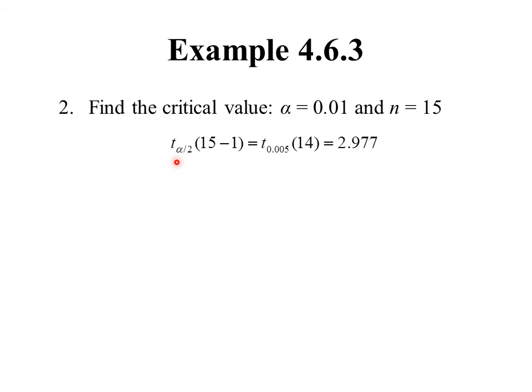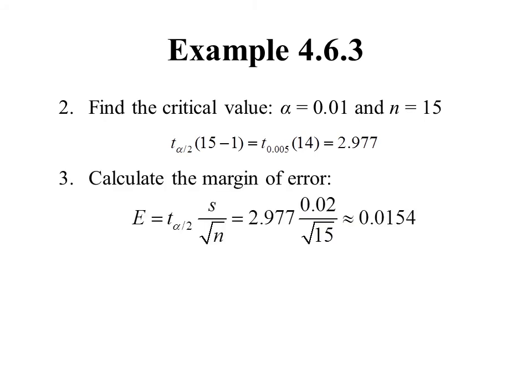So our critical value, t sub alpha divided by 2 of 15 minus 1, this is our number of degrees of freedom. Alpha is 0.01, divide that by 2, we get 0.005, and then 14 degrees of freedom. And so we look up this value of p, 0.005, and then this value of r, the degrees of freedom, and we look that up in table C3, and we get our critical value 2.977.